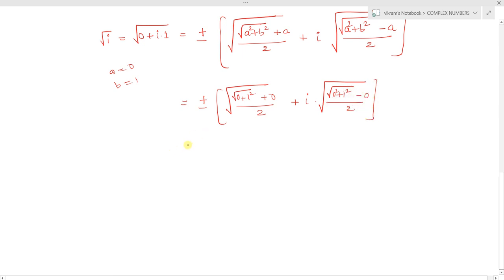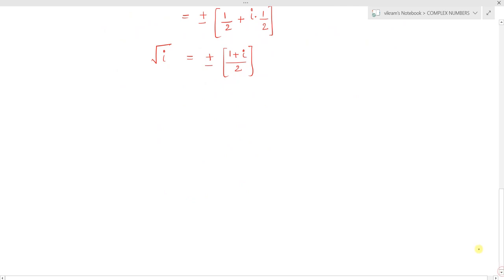The result is 1 by 2 plus i times 1 by 2, so we can write plus or minus (1 plus i) by root 2 as the square root of the complex number iota.